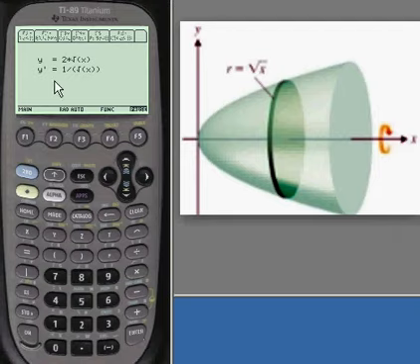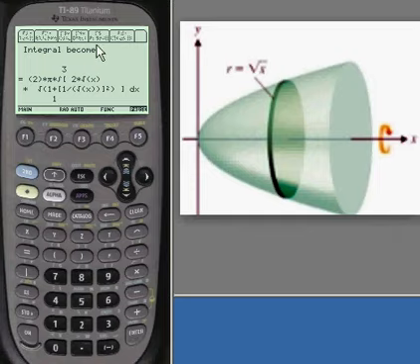Start the problem. Here's the original function. Here's the derivative of the function, 1 over square root of x. So the integral becomes 2 pi, the integral of, here's y, 2 times square root of x, and within these brackets here is the derivative. We're going to square that now and do different things with it.